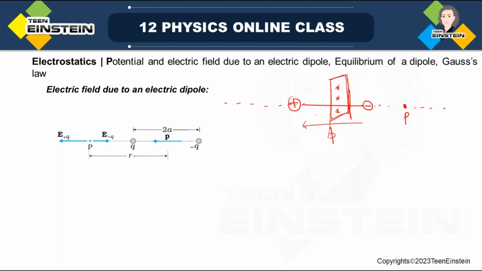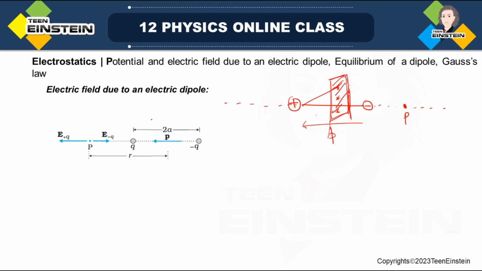This is called the equatorial plane. So we will be naming them: electric field at any equatorial point due to a dipole, and electric field on its axis due to a dipole. We'll be doing it like that.